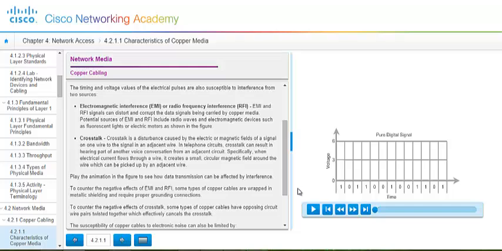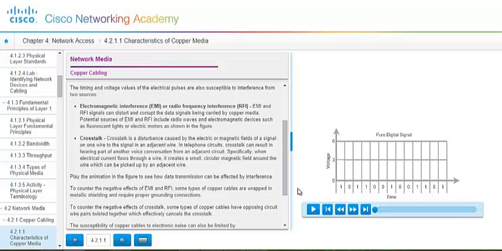Potential sources of this are radio waves and electromagnetic devices such as fluorescent lights or electric motors, as shown in the figure to your right. Typically, like here on campus in a classroom, we're not going to run our copper cable across the ceiling because we do have fluorescent lights, and that will affect our signal strength.